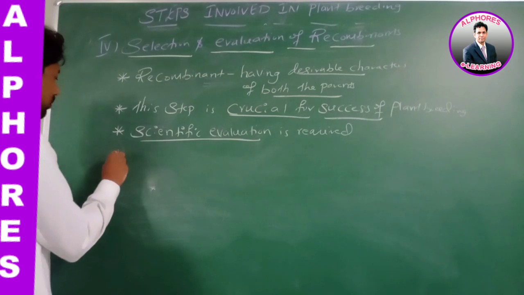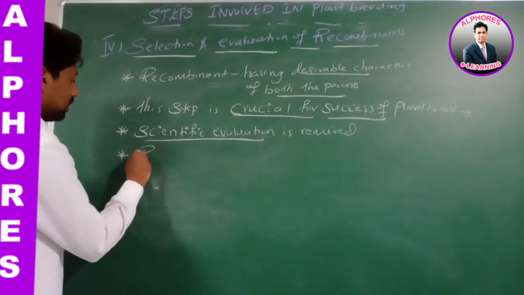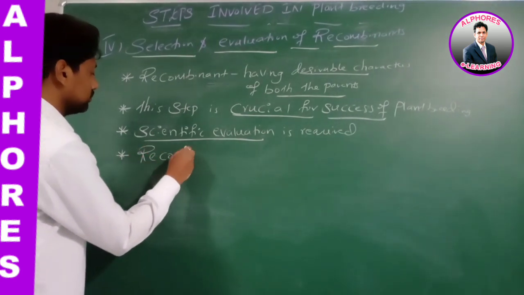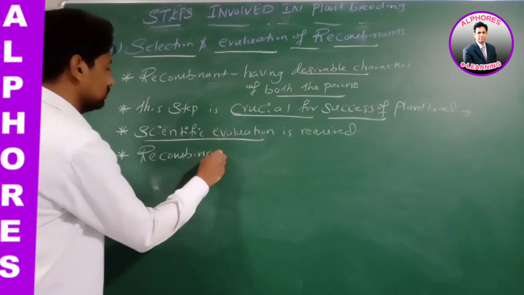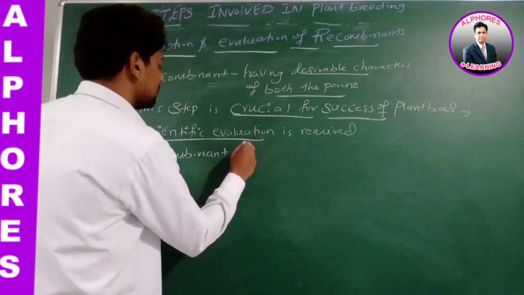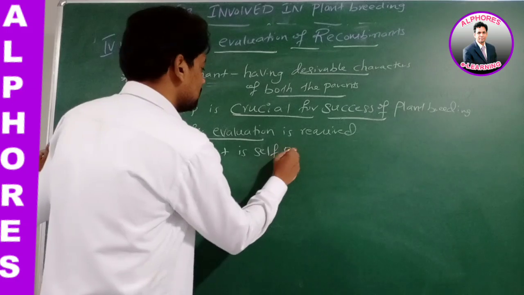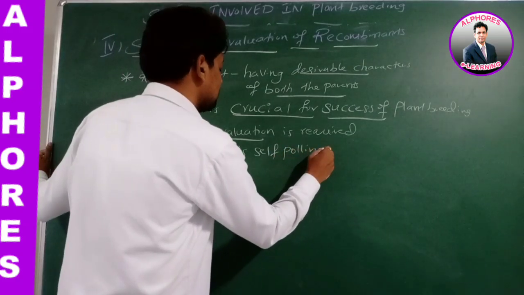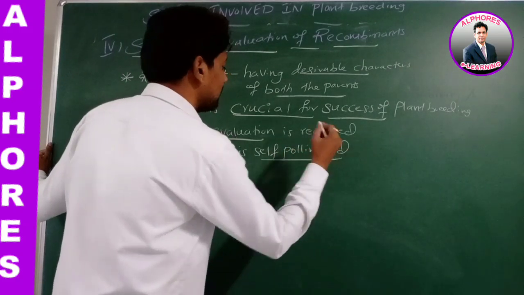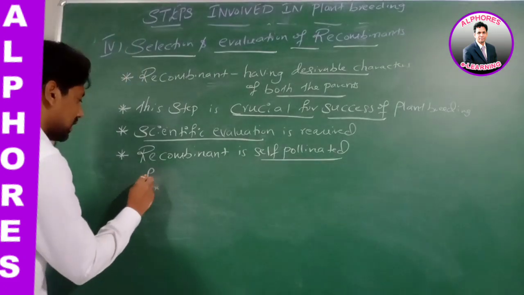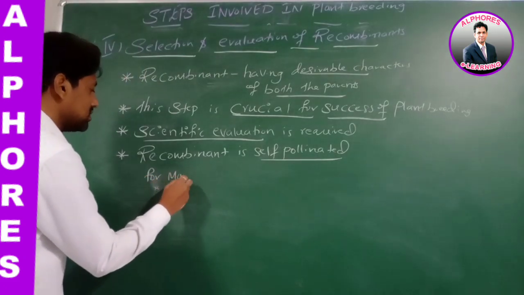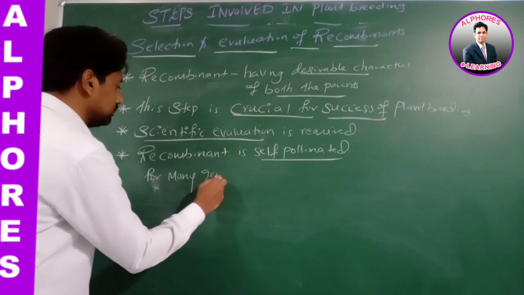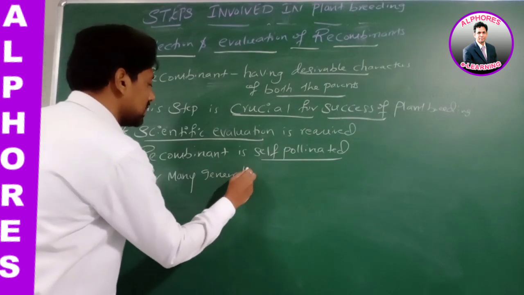Is this statement okay? Right. Therefore, recombinant is self-pollinated. Sir, self-pollinated or cross-pollinated? Self-pollinated for many generations. How many generations?